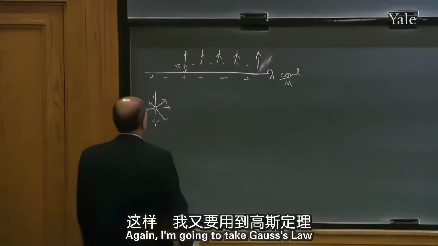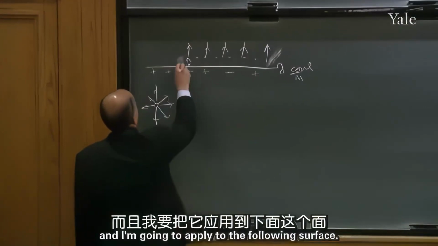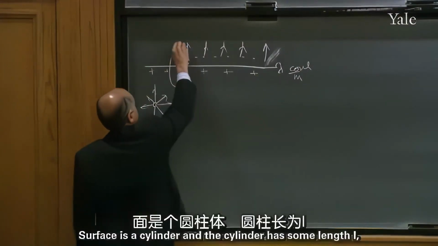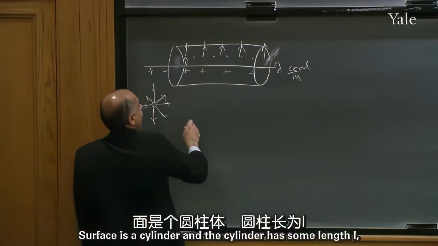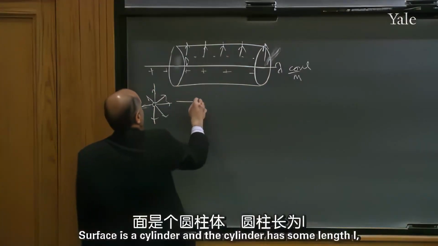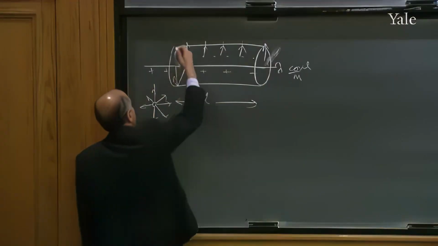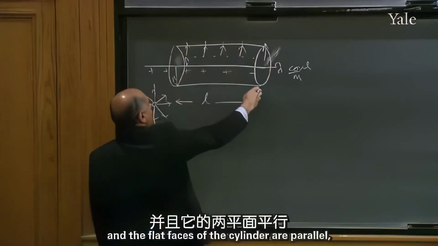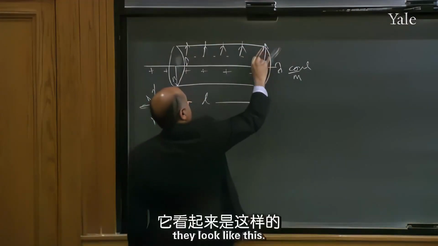Again, I'm going to take Gauss's law, and I'm going to apply it to the following surface. Surface is a cylinder, and the cylinder has some length L, and it's got some radius R, and the flat faces of the cylinder are parallel.